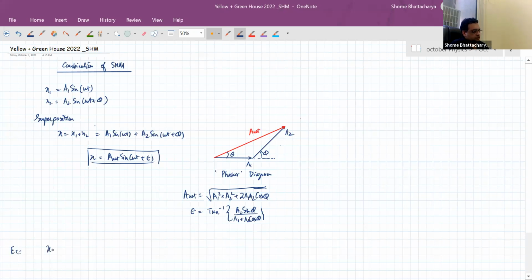So we have x1 equal to P naught sine omega t and x2 equal to something with phase phi.